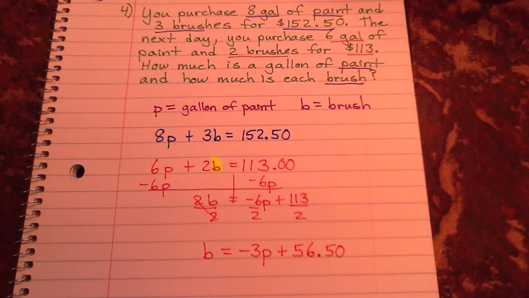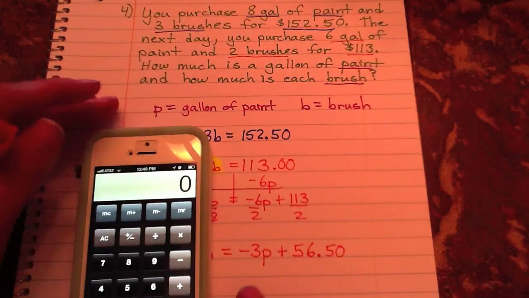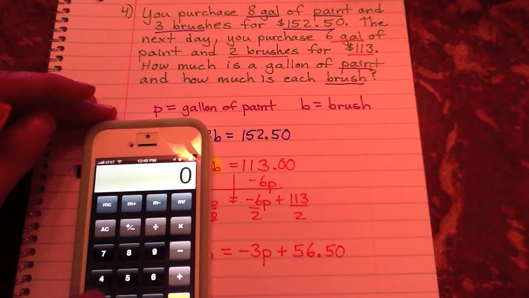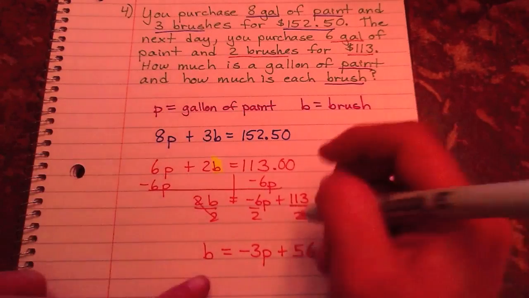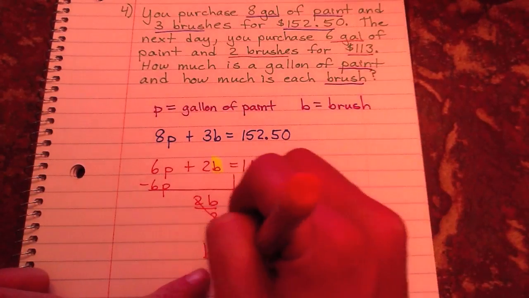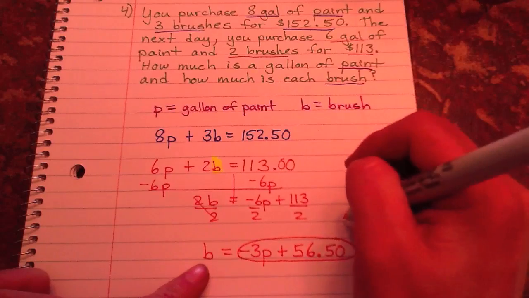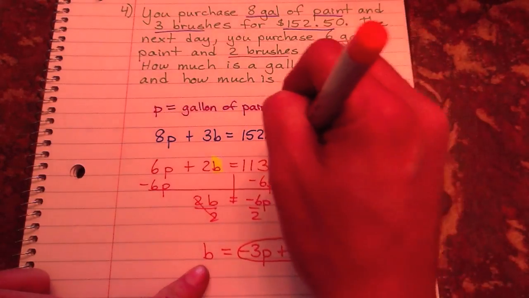Now, if you want to go check it on your calculator the way I just did that mentally, because you don't want to make mistakes mentally, even if you're practicing that way, just go ahead, divide 113 by 2 to make sure that you got the right answer so you don't worry later about making a mistake. This whole thing can be substituted in for B in the blue equation.